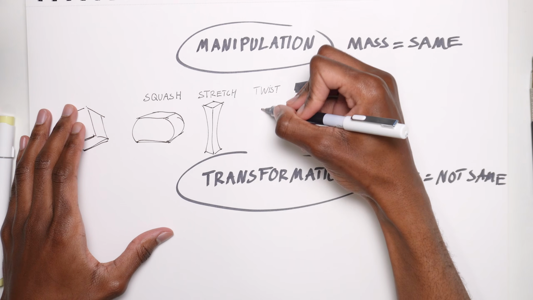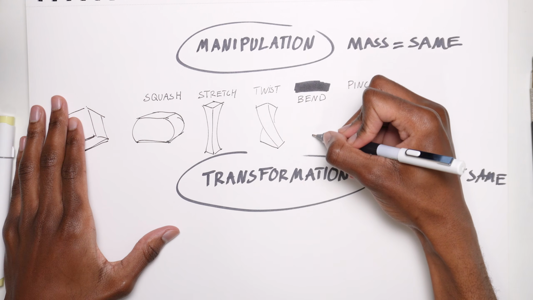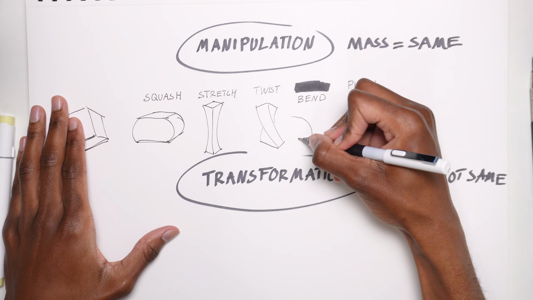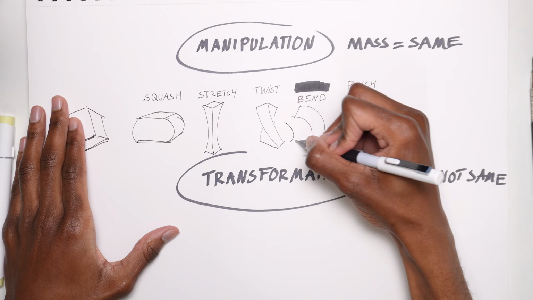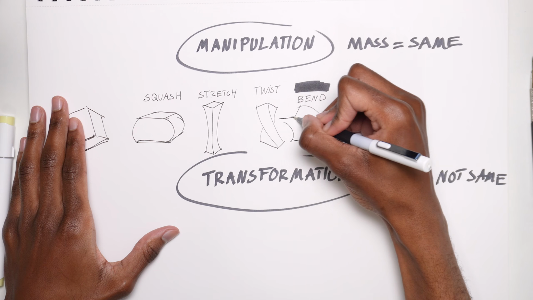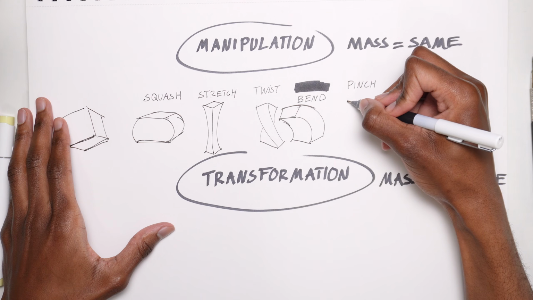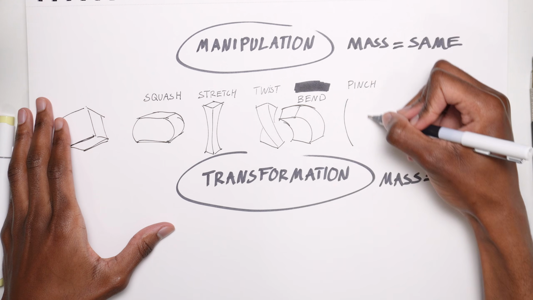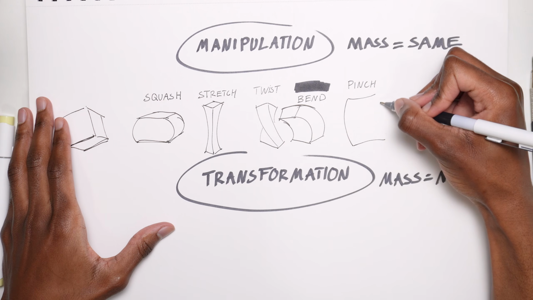Now we can twist a cube. We can draw some curves for the sides. We can bend it by changing all its edges into curves instead of straights, or at least a select few edges into curves. We can even pinch a cube. Imagine we just squish it with our fingers, sort of like this.